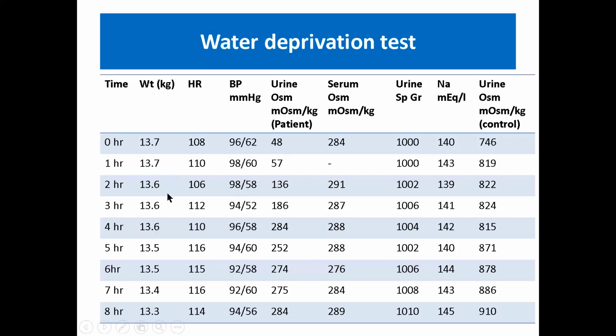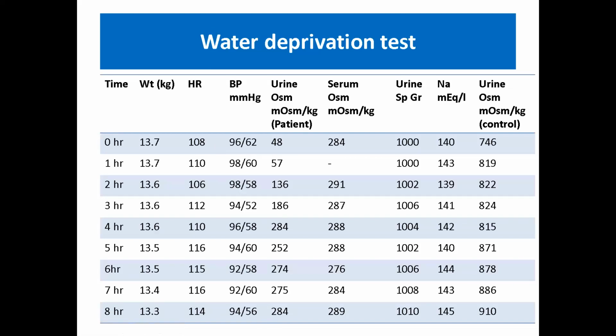On serial monitoring of urine osmolality, we found that urine did get concentrated, but it still remained below serum osmolality. There was a weight loss of less than 4%, and vitals were stable throughout.